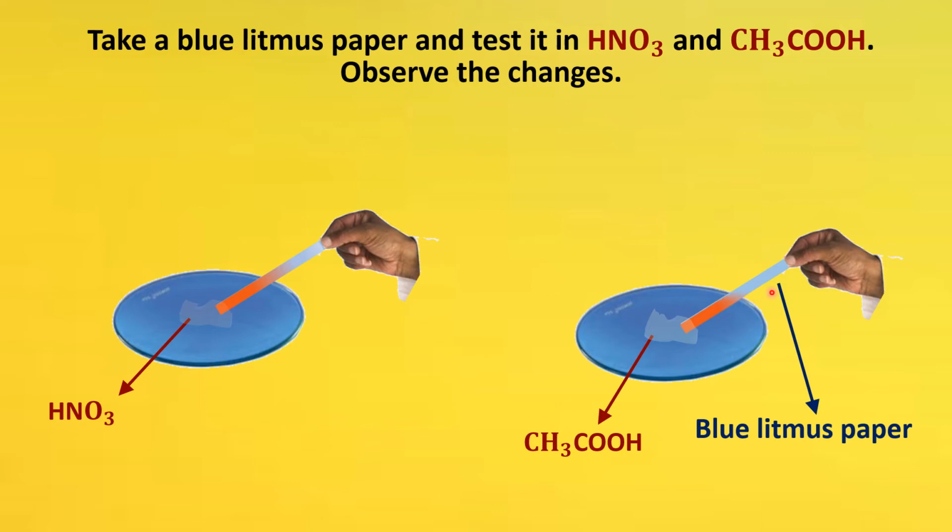So all the four dilute solutions, that is HCl, H2SO4, HNO3 and the acetic acid solutions, all of them turn blue litmus to red, whereas red litmus paper remains the same. Okay, so you keep these observations in mind. Now we'll take some other solutions and see.